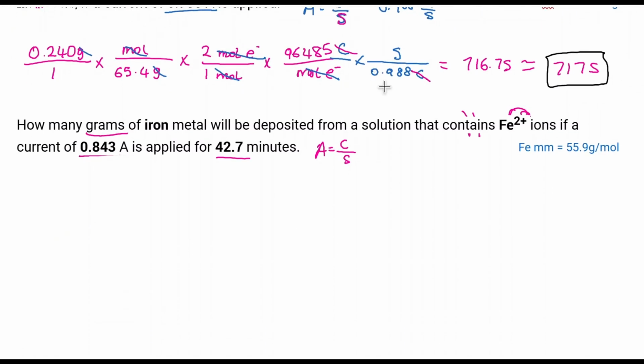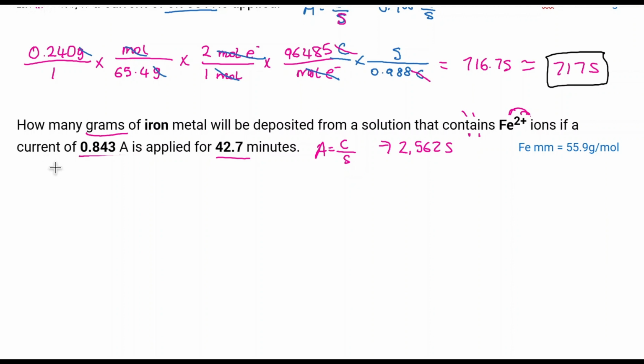But first of all, the first thing I know for sure is we can't have this answer in minutes, so I'm just going to convert it into seconds, which is just multiplied by 60, and that is equal to 2,562 seconds.